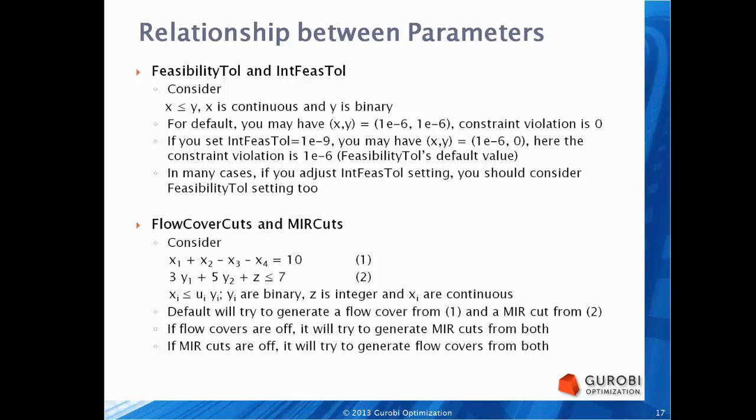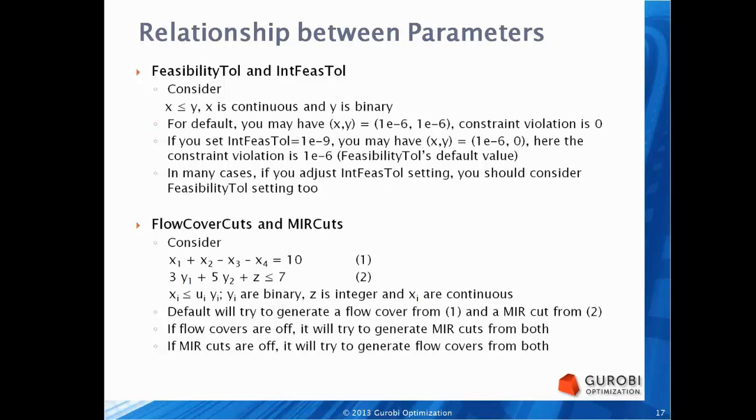Now consider a model. It has two constraints, maybe more, I just listed two. The first has x variables, and the second has y and z variables. x are continuous, y are binary, z is an integer.